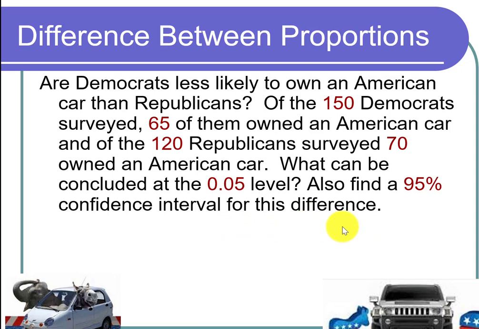So, just like before, we need to write down the null and alternative hypotheses. So the null hypothesis is H naught colon P sub D, that is the population proportion of Democrats who own an American car, is equal to P sub R, or the population proportion of Republicans who own an American car.